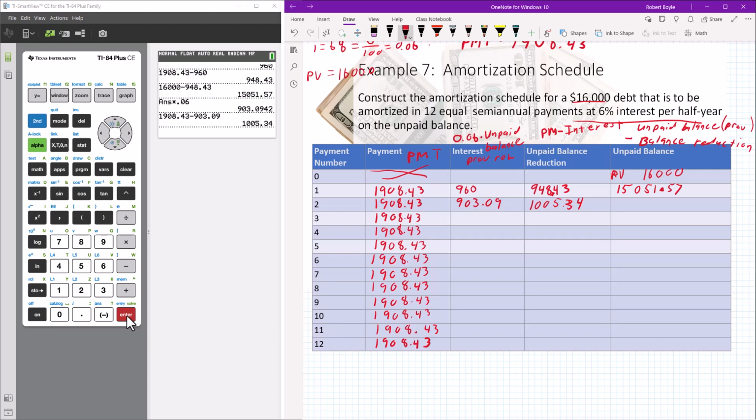And then to compute your reduced principal, just go back to your previous principal, which by the way is right here, 15,051.57, hit enter, minus the value above, and that is your new principal. So after your second payment, you will still owe $14,046.23.